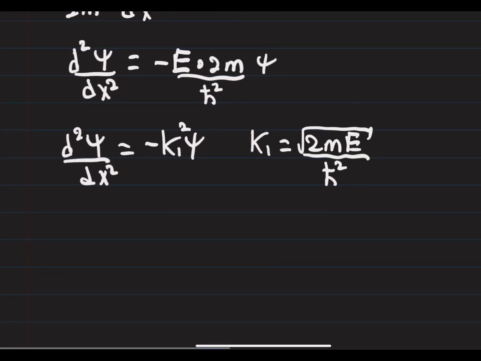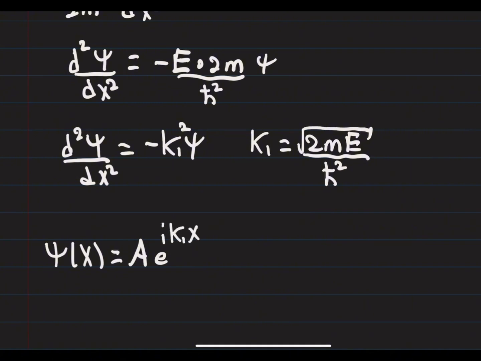Okay, and the solution for this differential equation is psi of x equals A e to the i k1 x plus B e to the minus i k1 x. And just to talk about this a little bit, this is essentially what you get with a free particle. So this is just like the free particle section of the book.